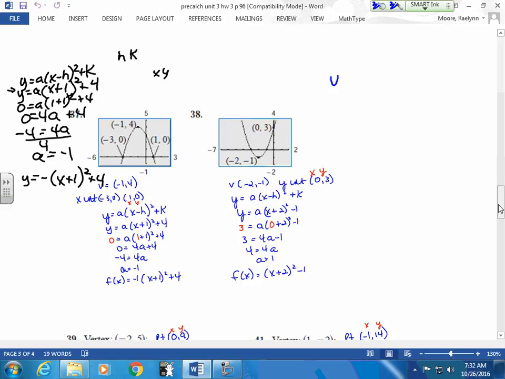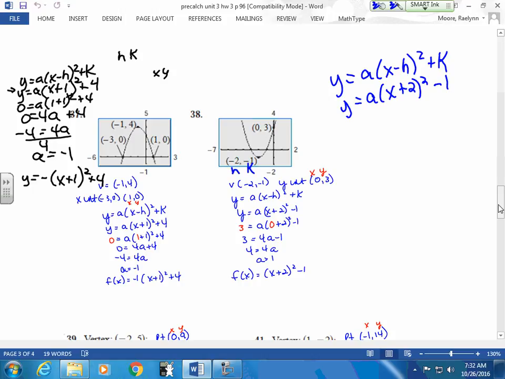So we start out again with your format. This you have to memorize. Okay. And we plug in what's given. So the vertex is a good place to start. The vertex, this is your h, this is your k. So x minus the negative 2 becomes what? Plus 2. And negative 1.